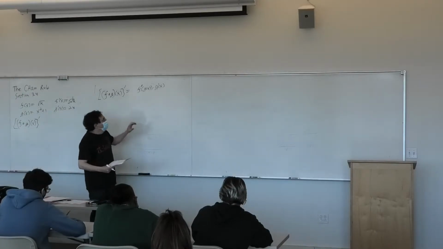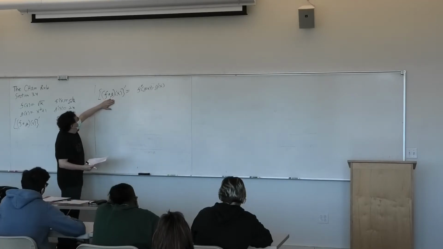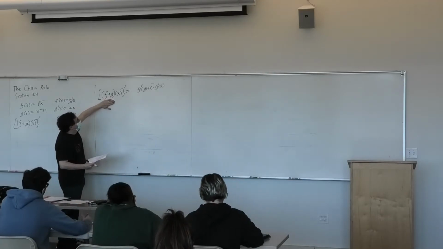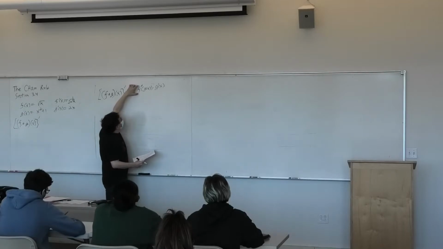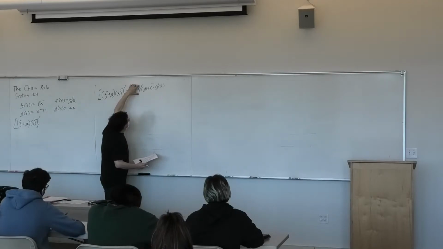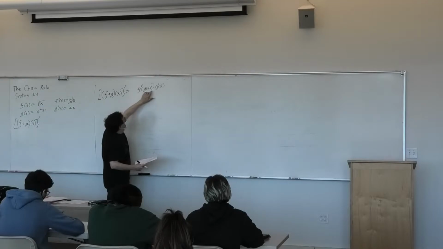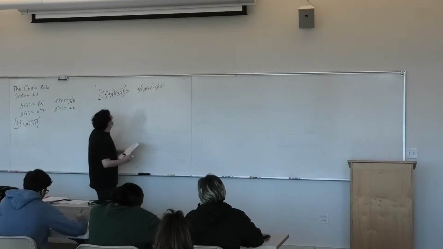I feel like I need to repeat this. The derivative of the composition of these two functions is just the derivative of f of x at g of x times the derivative of g of x.